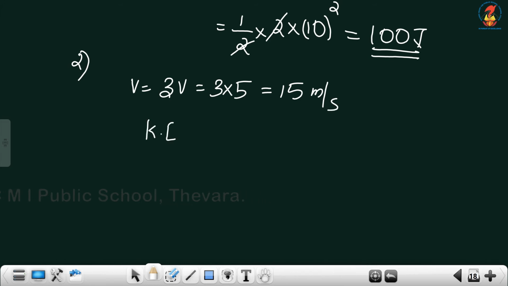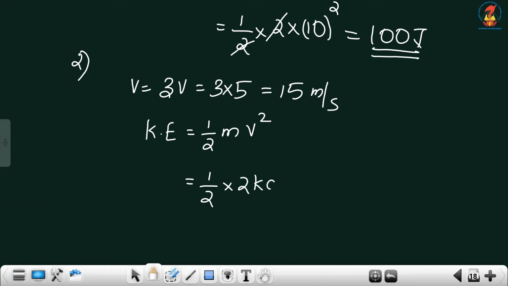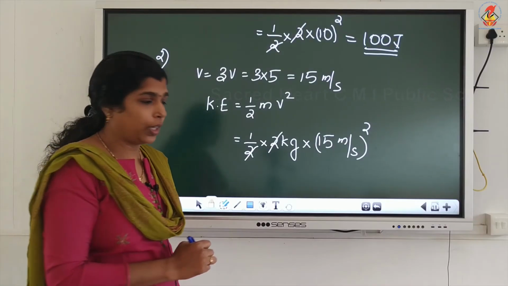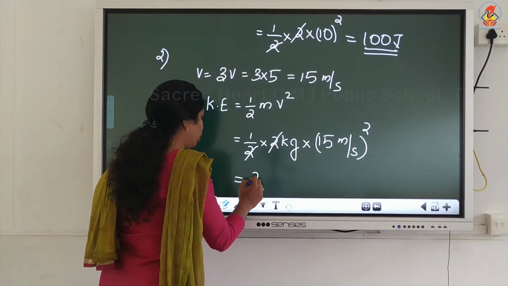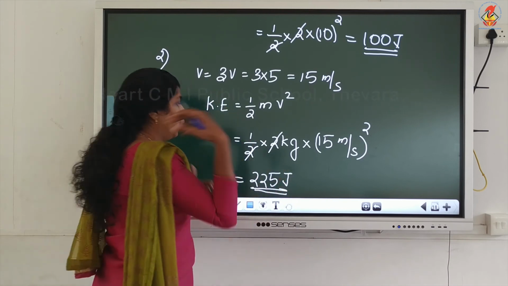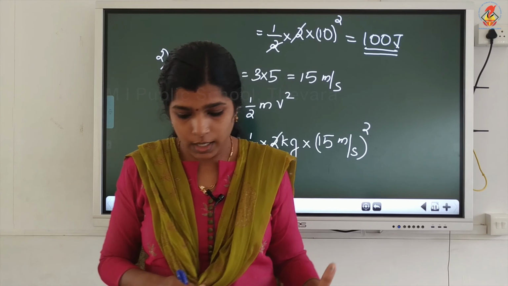So kinetic energy is equal to half m v square, that is equal to half into 2 kg into 15 meter per second, the whole square. So 2 and 2 will get cancelled. 15 square, 15 into 15, 225. So the answer is 225 joule. That is the answer.